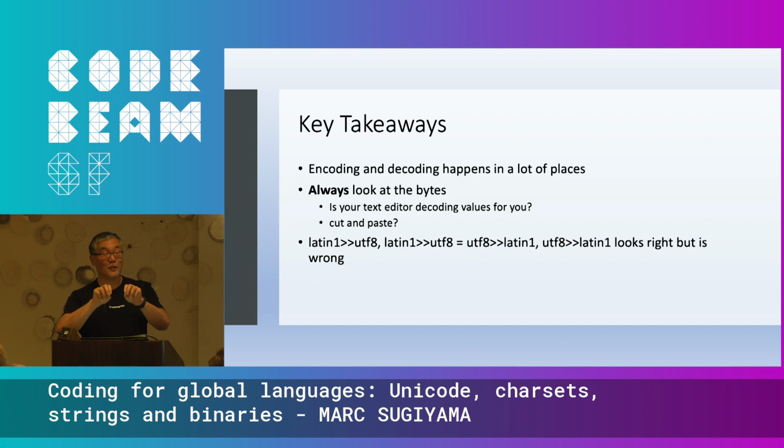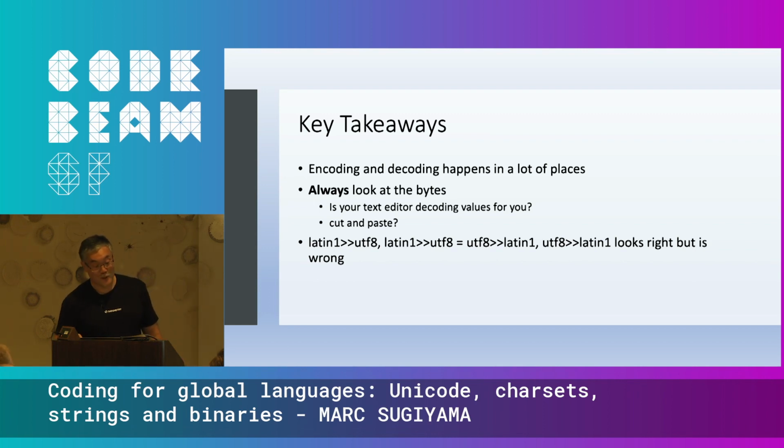It's a UTF-8 encoded file, and those 2 bytes are 1 symbol, so I'm just going to put 1 symbol on the screen. And the engineer's like, oh, okay, it's got the right length, it's got the right thing. And it's like, no, because we were expecting Latin 1 there. So we had to look at the actual byte counts, the actual bytes. Sometimes the editors try to be helpful, but they get in the way of actually seeing the data. So you have to use something like OD or hex dump to actually see the bytes.